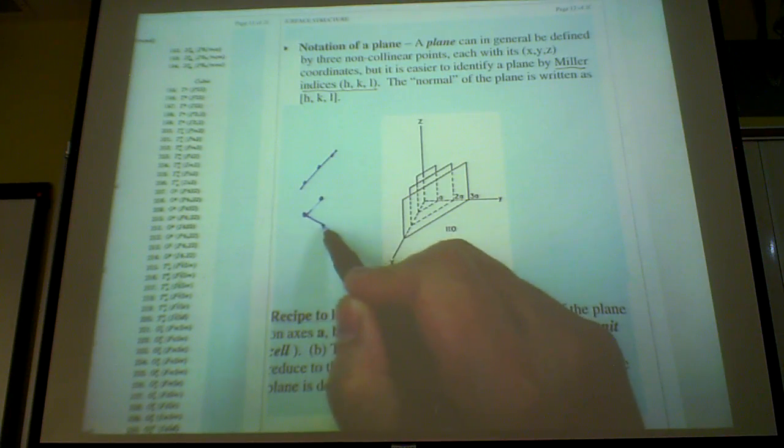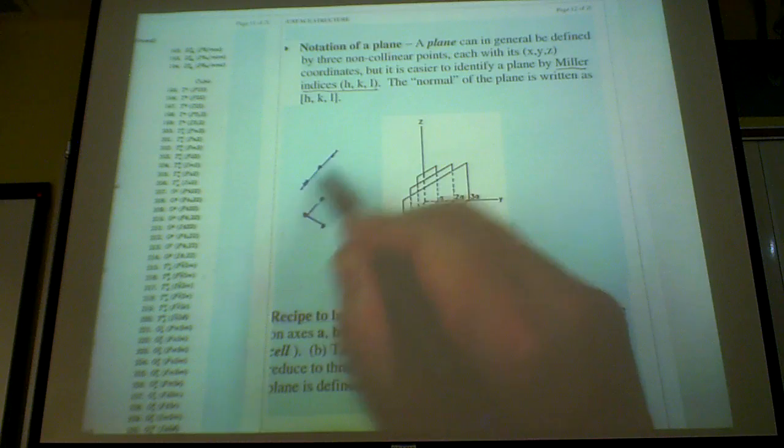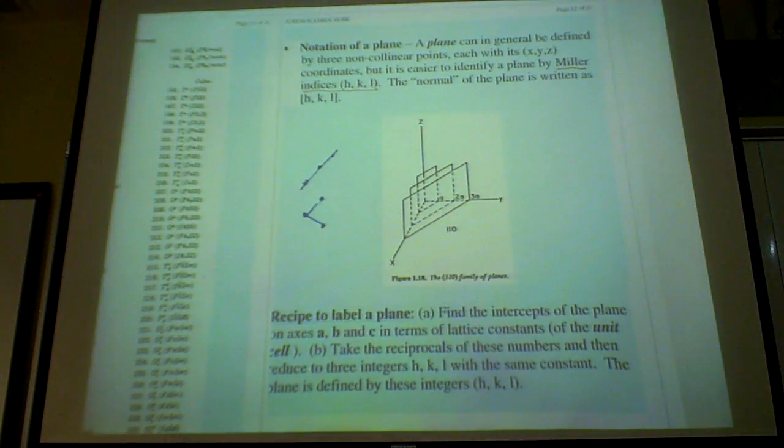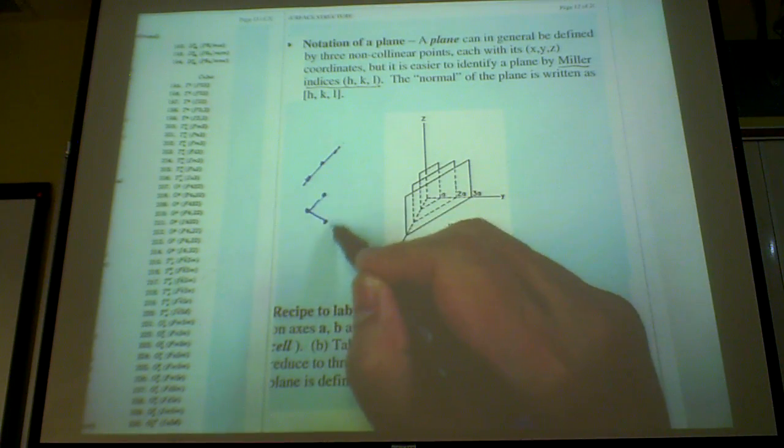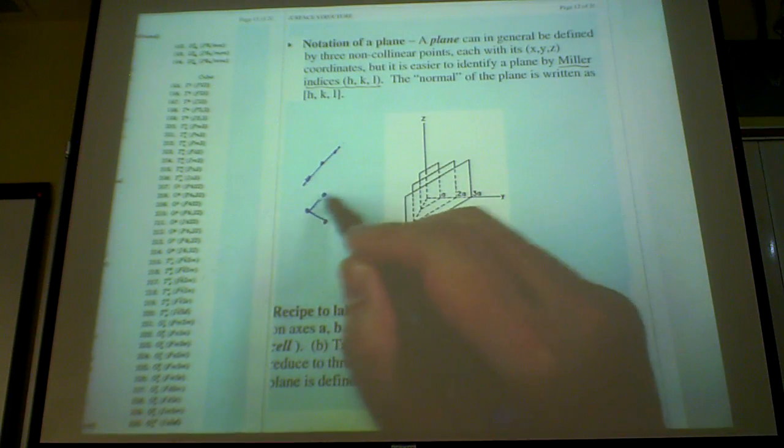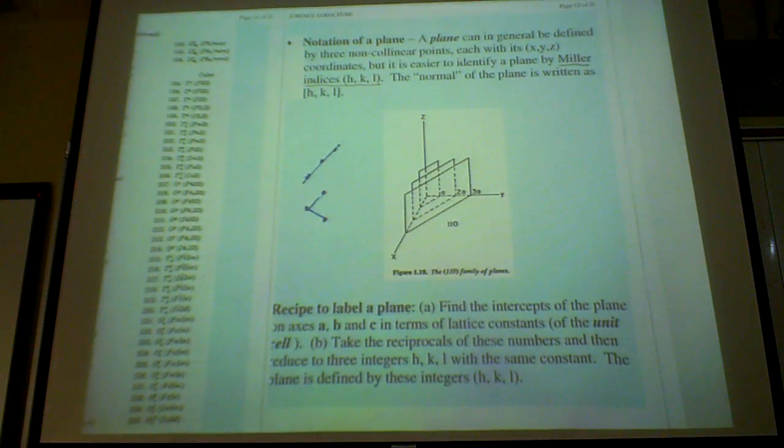Then all 3 points are not collinear, right? If all 3 points lie in a straight line, of course, you cannot define a plane. If you have non-collinear points like this, then what I just drew will define a plane. Okay, so that's how you think about it.